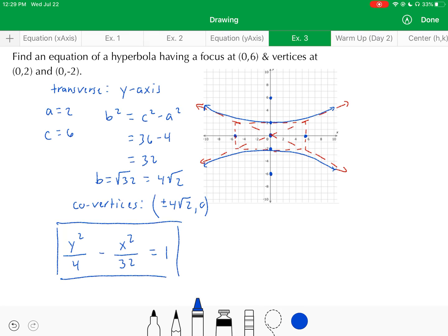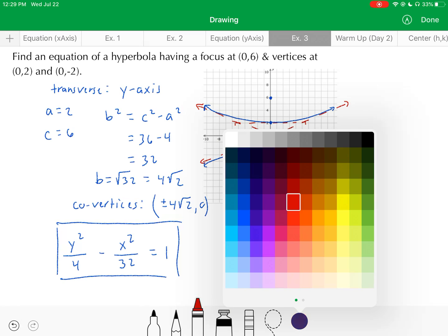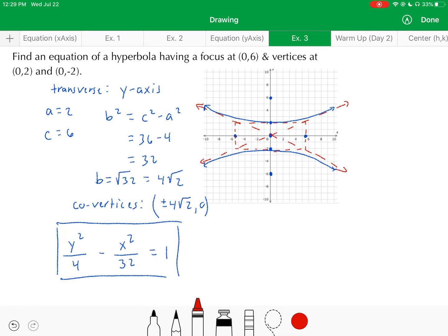All right, now equations for the asymptotes. If I use the center point as well as that upper right point on the rectangle, I'm rising 2 and I'm running 4 radical 2. So that means this is y equals 2 over 4 radical 2 times x, which I wouldn't want to leave like that.